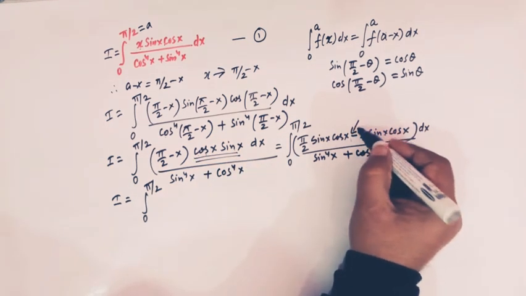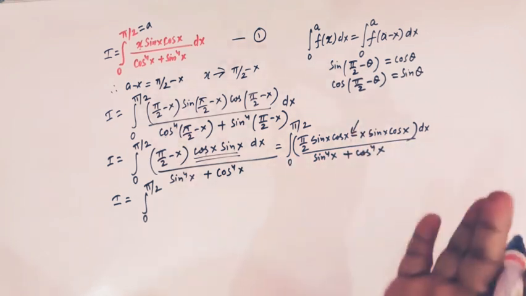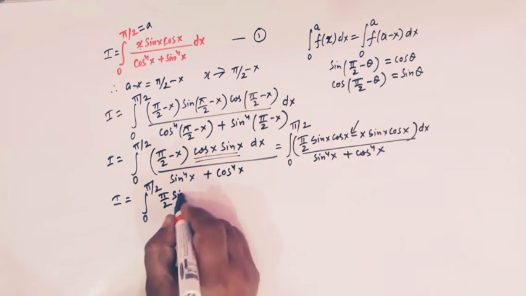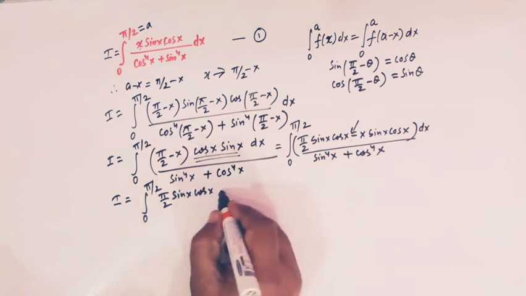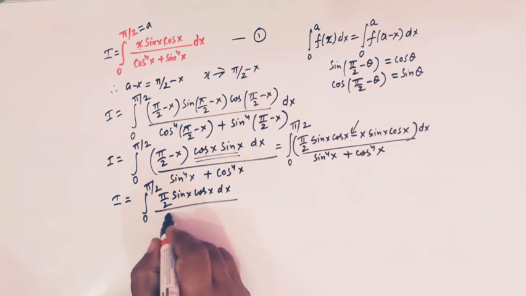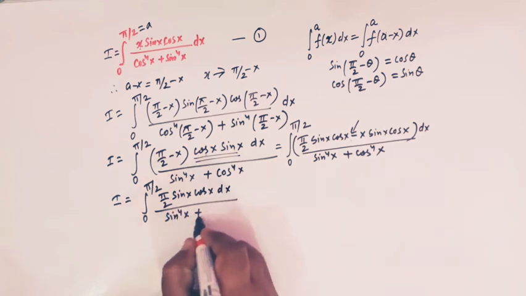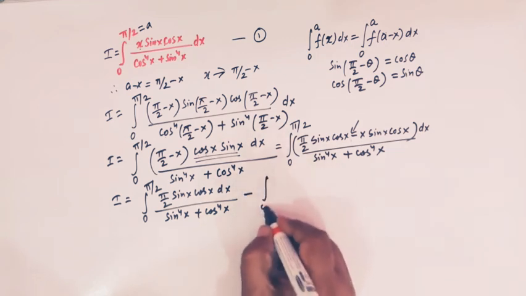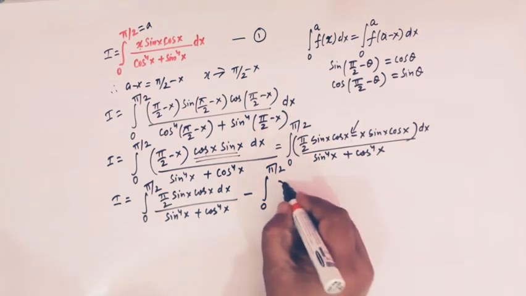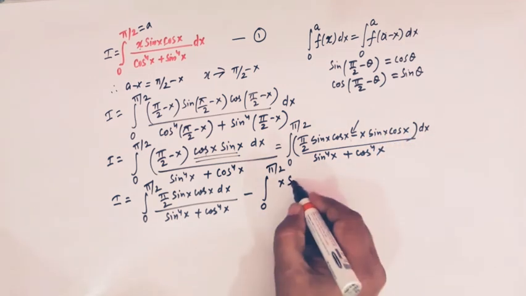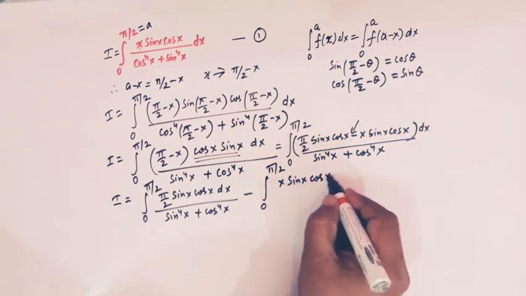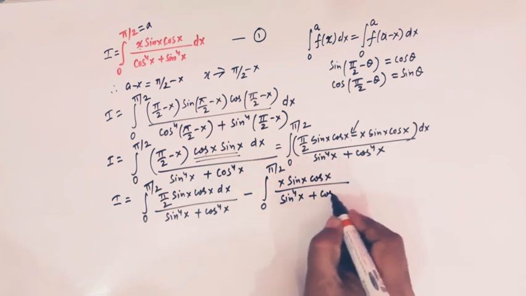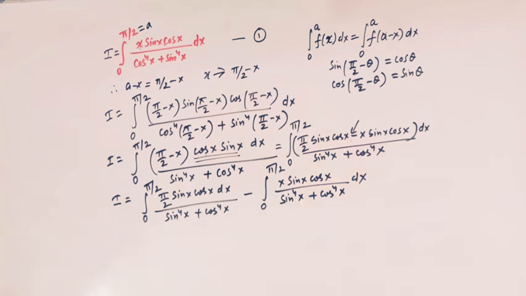From this point we can split this integral as a sum of two integrals: pi by 2 times the integral of sin x cos x dx over sin^4 x plus cos^4 x, minus the integral from 0 to pi by 2 of x sin x cos x divided by sin^4 x plus cos^4 x dx.